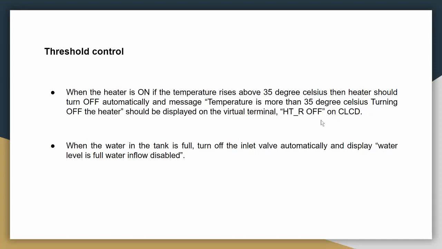This should be displayed on the virtual terminal and as heater off on the CLCD. And in the water tank part, we show that the water level is full, and then the inflow is disabled.